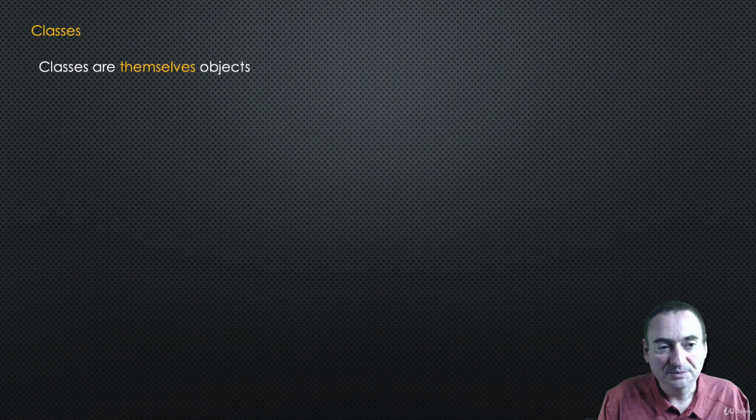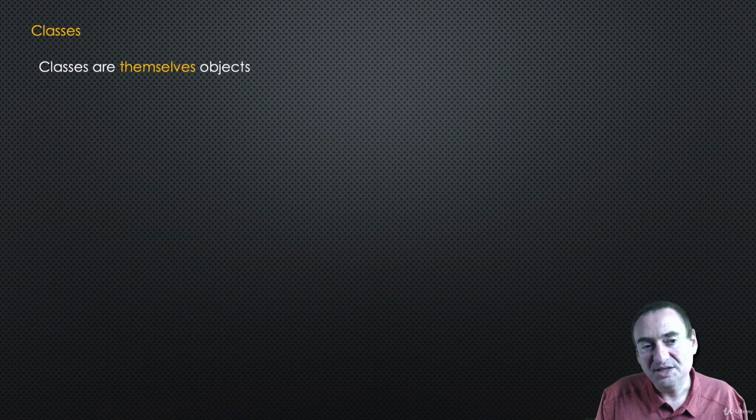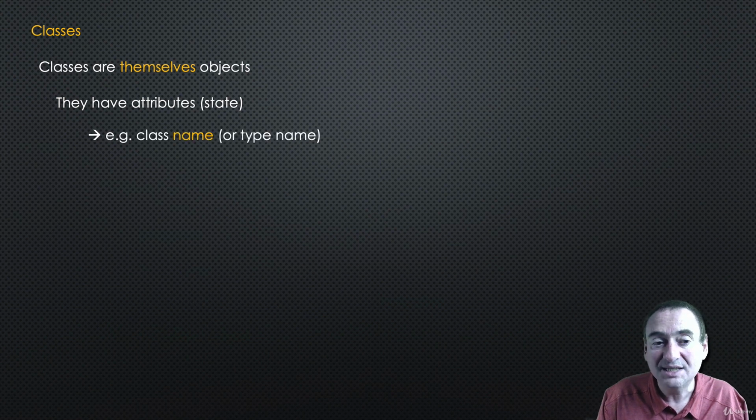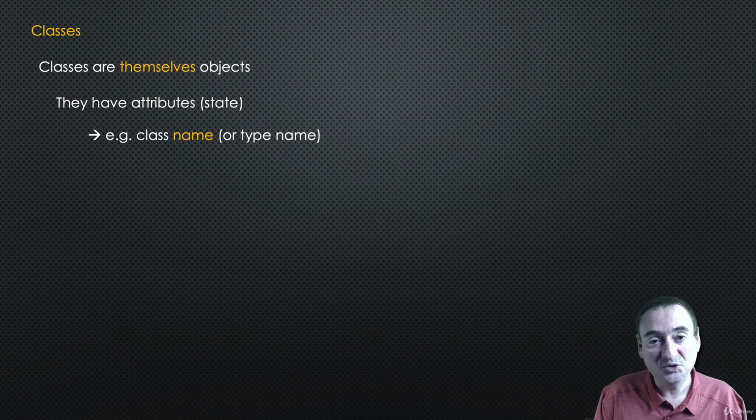And we'll see that in code. So the one thing that's really important to understand is that classes, types, are themselves objects, just like everything else in Python. Functions are objects, modules are objects, right? Dictionaries are objects. Everything is an object. Well, classes themselves are objects. So they have attributes, they have state, right? For example, the class name. When we create a class, we give it a name. Well, that name has to be stored somewhere.